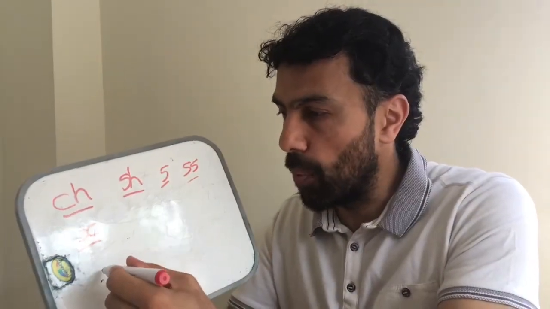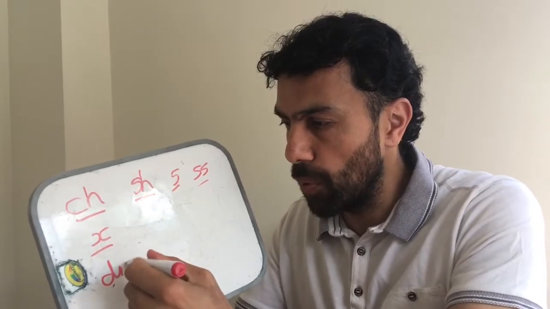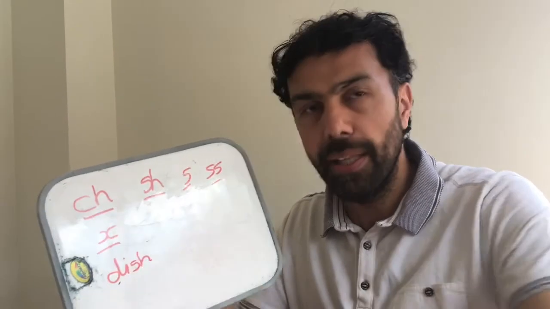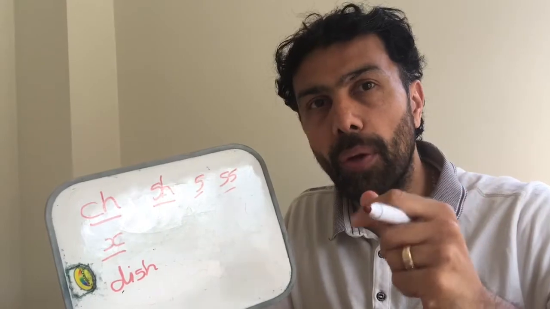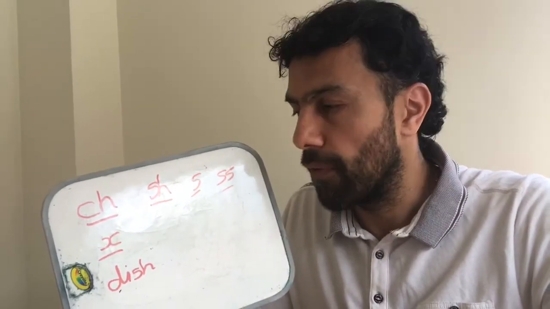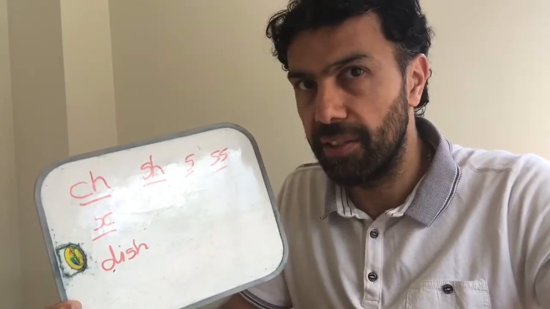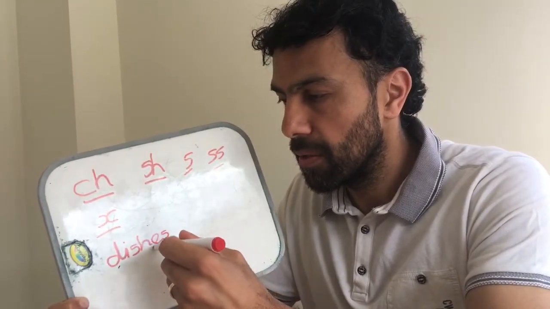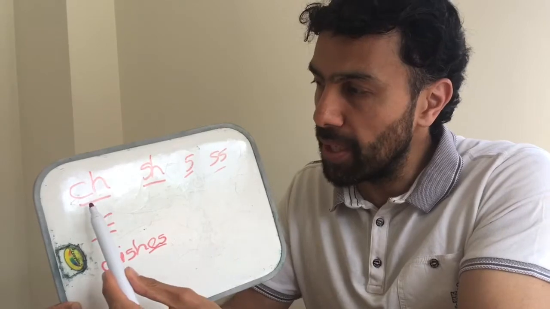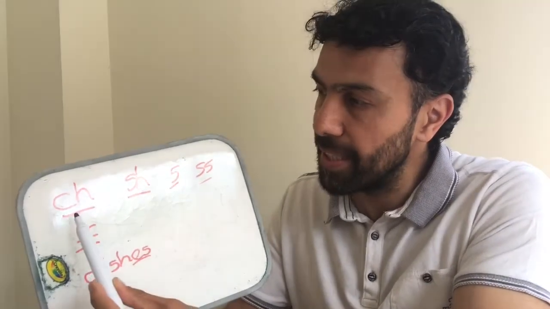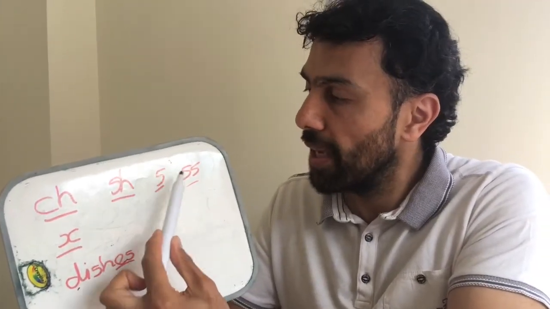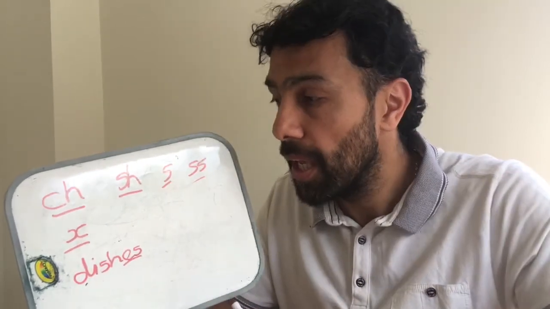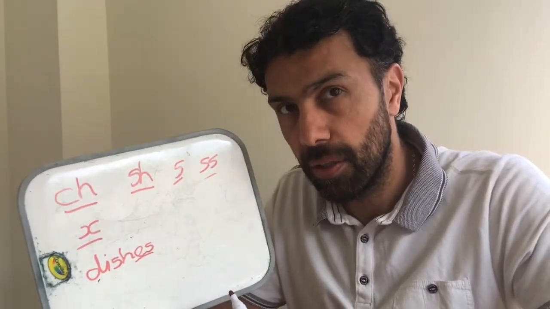So if we look at a word like dish, I will wash the dish. That's a singular, but we're looking at plurals today. So if I did all the dishes, I would need to add ES. So remember the rule. If a word ends with these sounds at the end, or with these letters, CH, SH, S, or double S, or an X at the end, then we would just add ES for the plural.